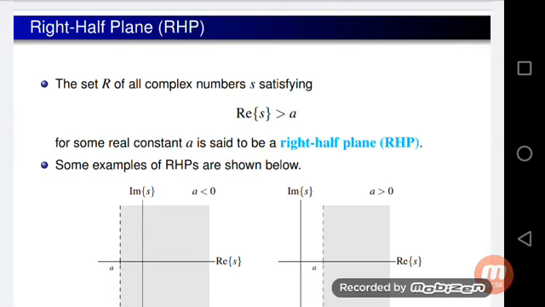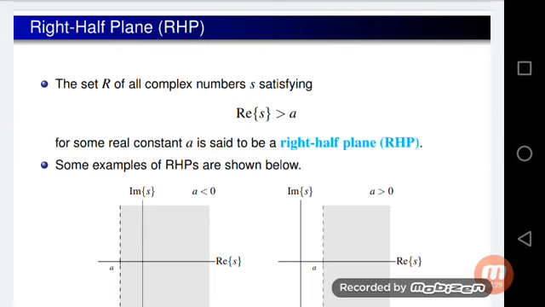So the waveforms differ between LHP and RHP. Why? Because both are reverse operations: one is the right hand side and the other is the left hand side. The rate of change depends on the real constant a.